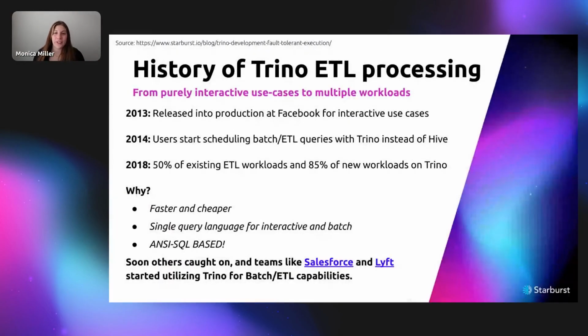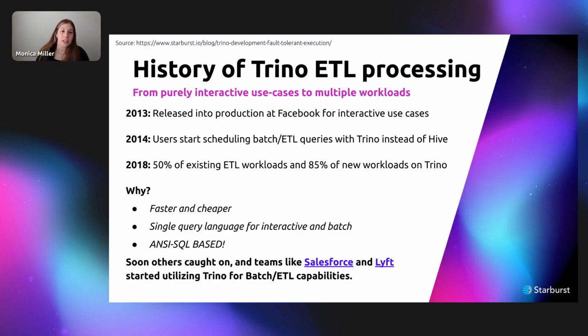So, the history of Trino ETL processing. Martin Traverso did an awesome talk on this last year at Data Nova. I'm just pulling out the highlights here. You can see the source for this event at the top of the slide deck. Essentially, the history of Trino is that we had these purely interactive use cases at Facebook, and then it became a query engine that's used for multiple different workloads, including ETL.